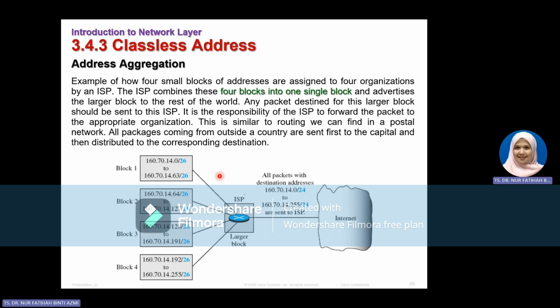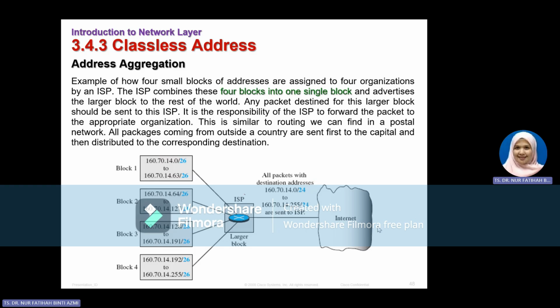Because they are next to each other, the ISP can combine these four blocks into one larger block, from 0 to 255. So all packets with destination addresses from 0 to 255 are now sent to the ISP. Instead of advertising four separate routes to the rest of the internet for each of the smaller blocks, the ISP only needs to advertise one route for the larger block.